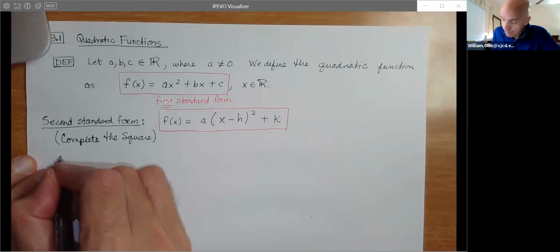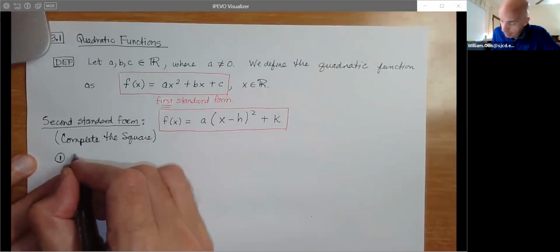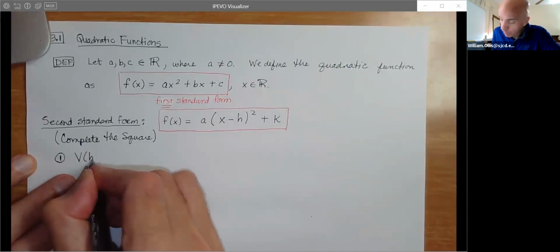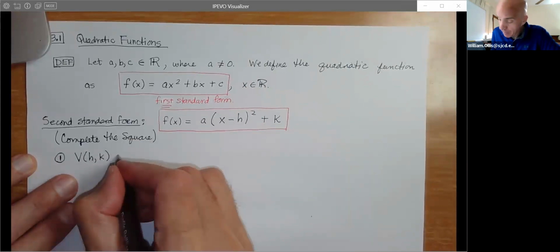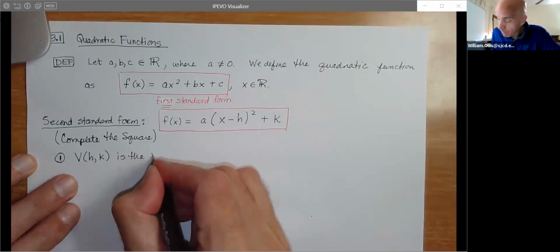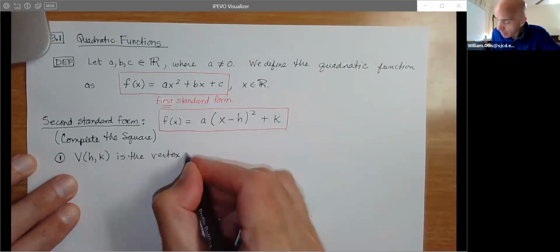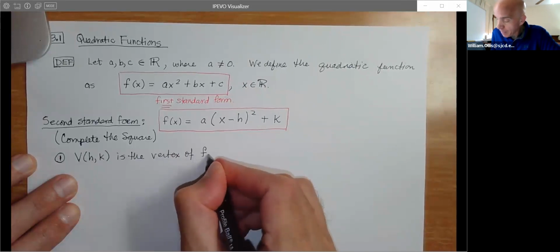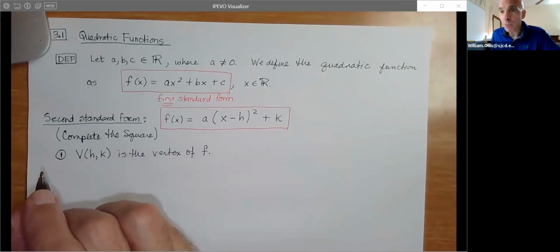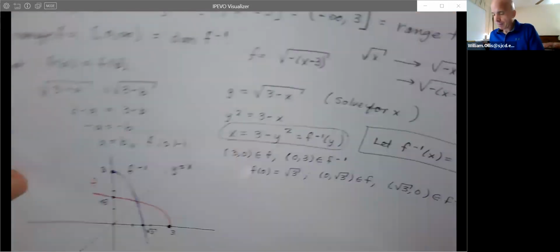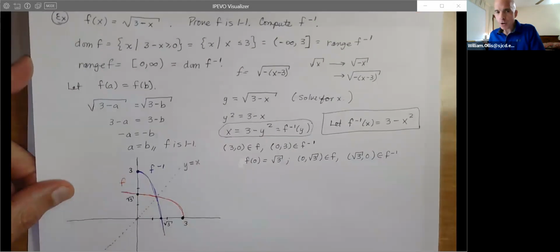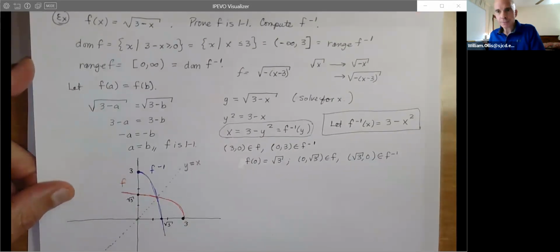So number one, the point with coordinates h and k from this equation is the vertex of f. Just like in the previous problem, we had a vertex. It was 0, 3. I mean, if you think about it, right here, that's the vertex right there of that quadratic function.